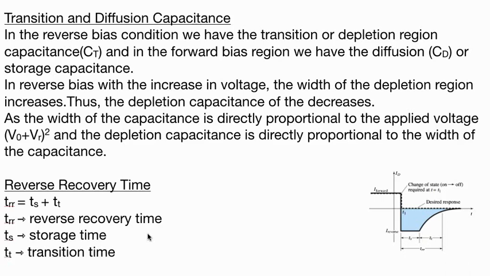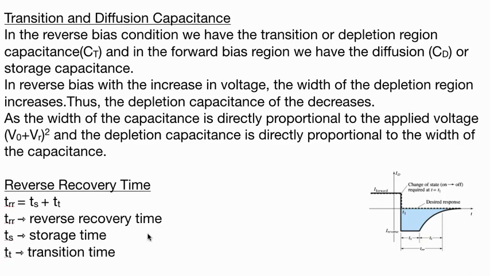So remember, transition or depletion capacitance is in reverse bias condition, and in forward direction we have storage and diffusion capacitance. In reverse bias we have transition or depletion capacitance.